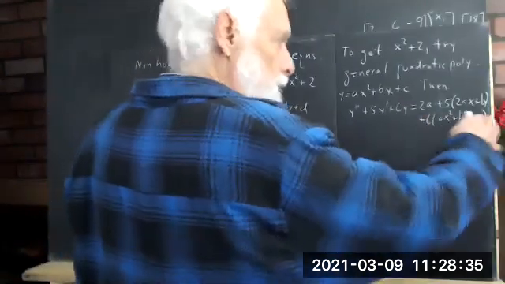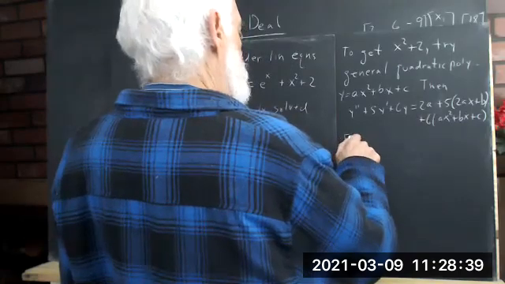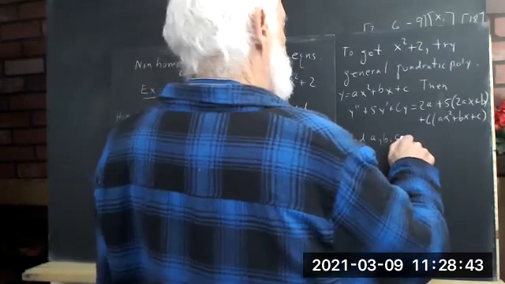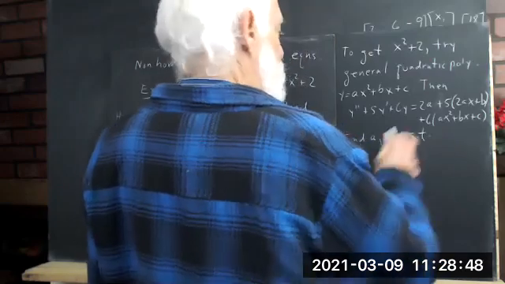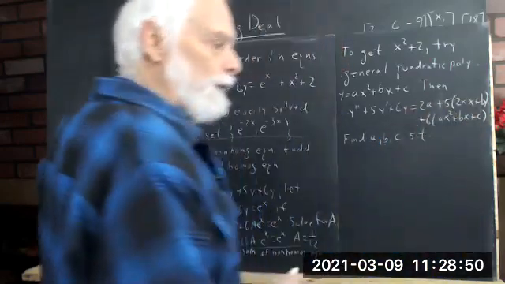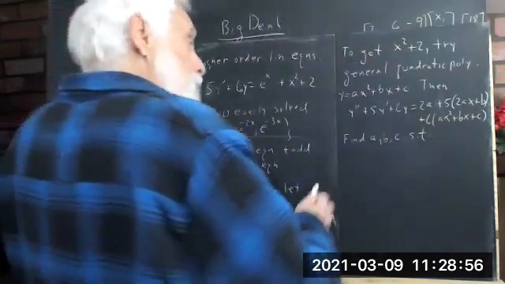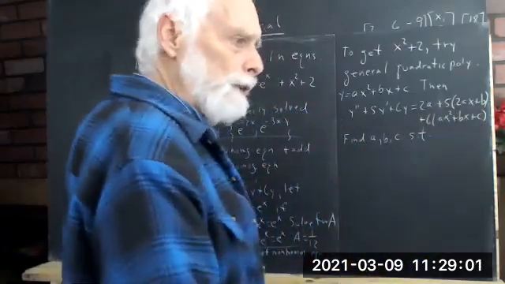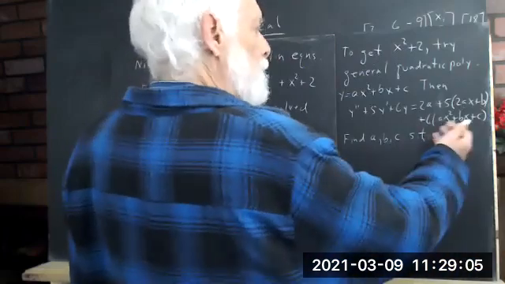Then we can find a, b, and c such that this expression equals x squared plus 2. Okay, well, that's straightforward. First of all, let's just collect terms here to get the x squared, x, and constant numbers.